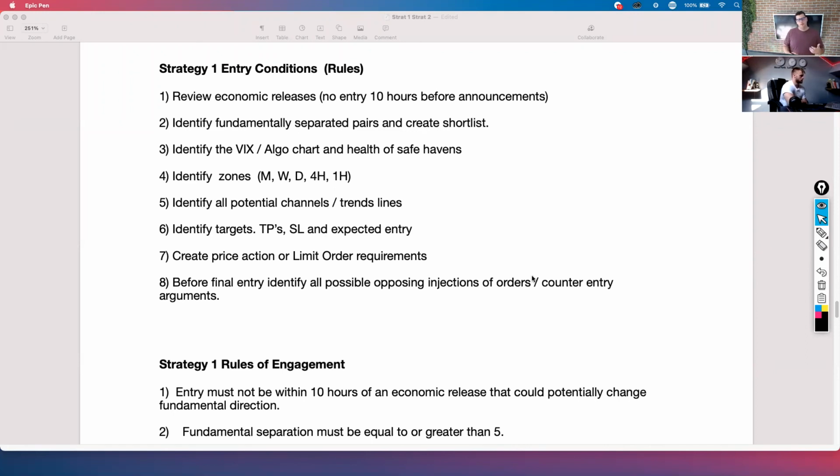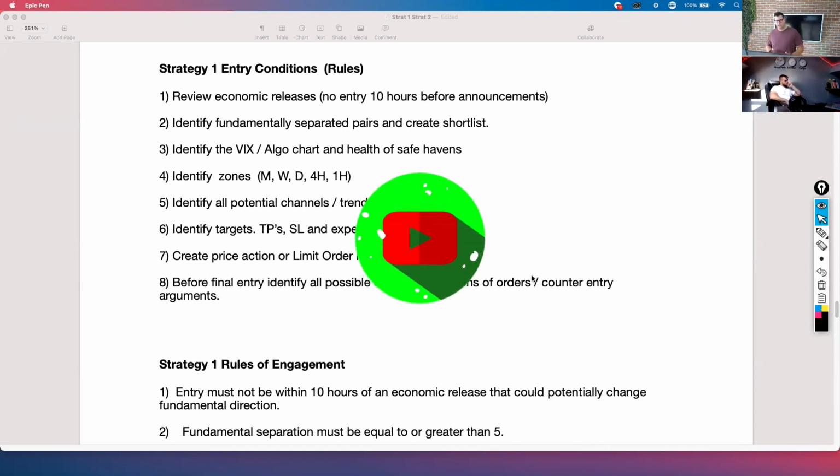The thing is that we need to form counter arguments. Like a lawyer, a prosecutor before trial, you have to think, okay, what is the defense going to say? What are all the things that they're going to bring up? And we have to prepare as to what we're going to counter with.